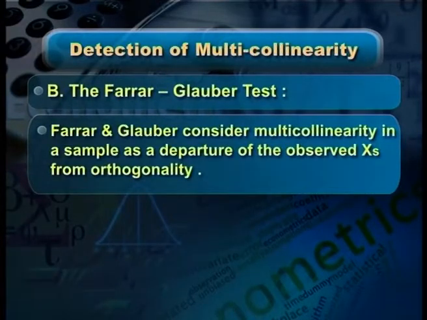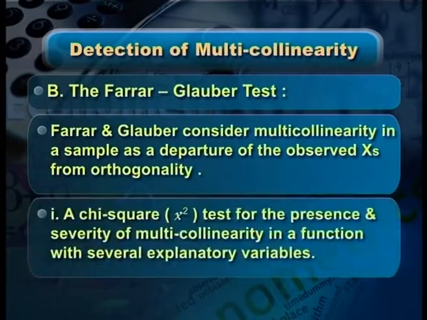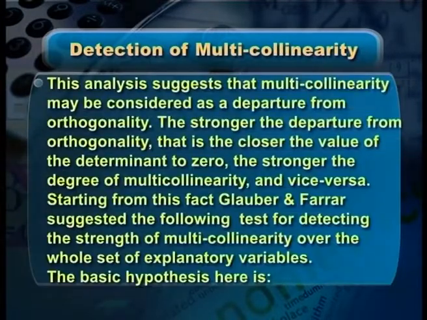Farrar-Glauber consider multicollinearity in a sample as a departure of the observed explanatory variables from orthogonality. Farrar-Glauber used 3 tests. One is the chi-square test, a chi-square test for the presence and severity of multicollinearity in a function with several explanatory variables. Based on this, the analysis suggests that multicollinearity may be considered as a departure from orthogonality.